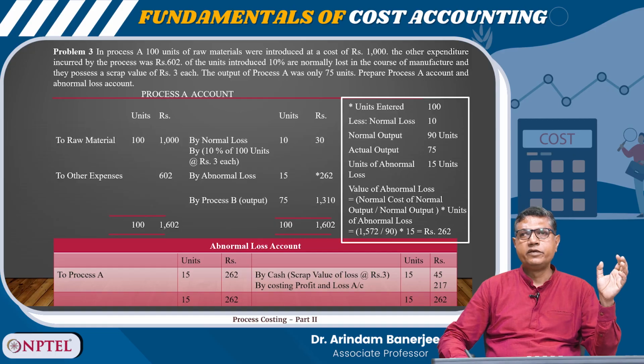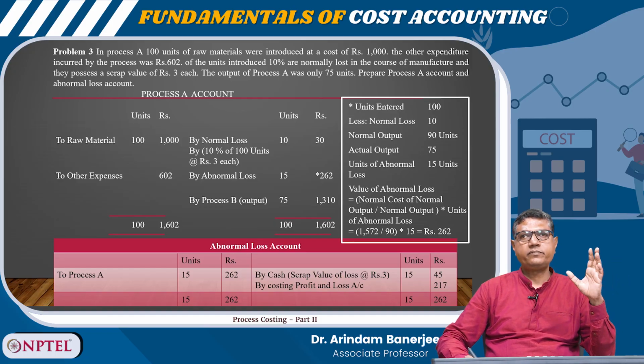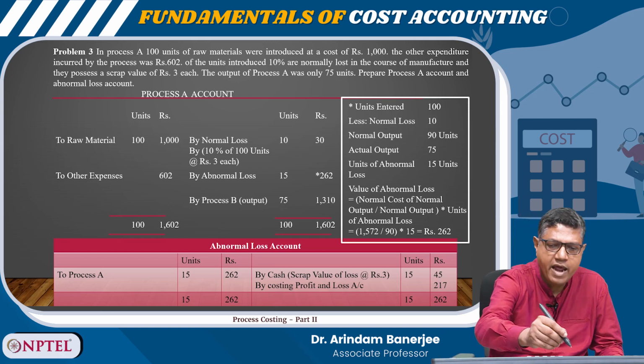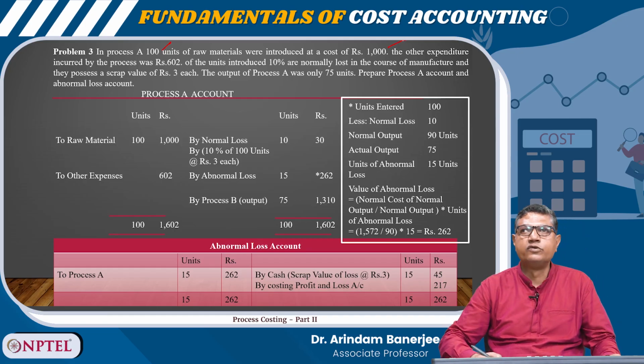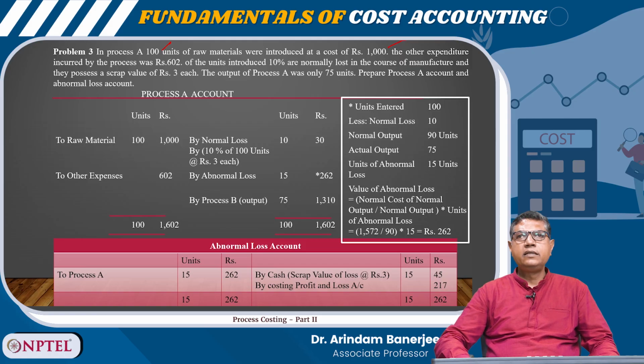Now we are coming to problem number 3. In problem number 3, we will also consider the abnormal loss. The problem is this: in process A, 100 units of raw materials were introduced at a cost of rupees 1,000. The other expenditure incurred by the process was rupees 602.